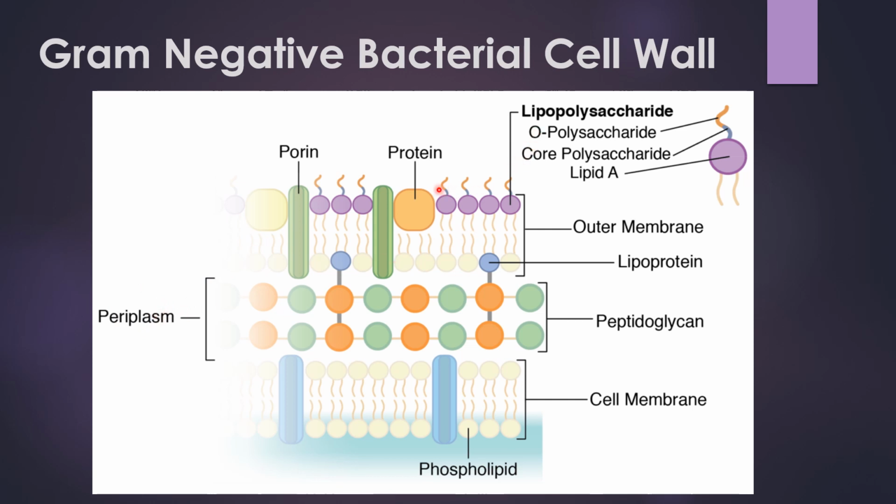Lipopolysaccharides, proteins, and porins are important components present only in the gram-negative bacterial cell wall and absent in the gram-positive cell wall. Here the lipopolysaccharide contains the O polysaccharide, core polysaccharide, and lipid A. It also contains protein. This is the transport protein called porins, which helps to transport materials and substances.